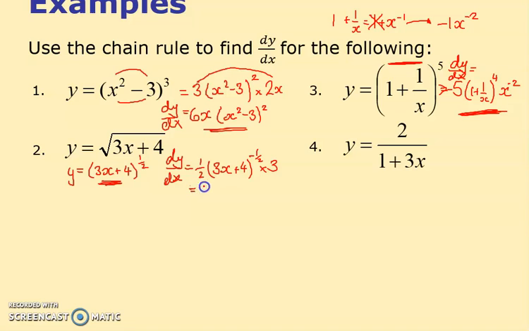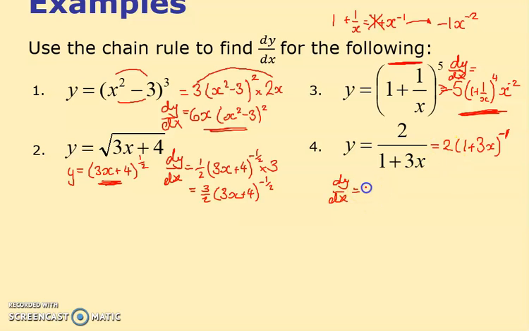So my final answer here is 3 over 2 lots of that bracket to the minus a half. And this one, again, it's not very nice writing like that, so I'm going to write it 2 lots of 1 plus 3x, and because it's on the bottom, all of that bracket is to the minus 1. And this now gives me the opportunity to find dy by dx.